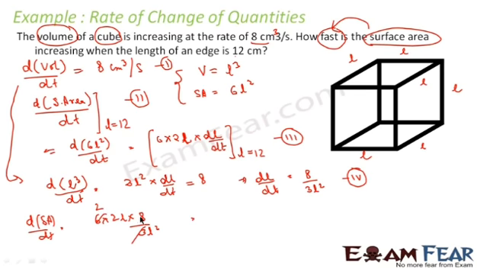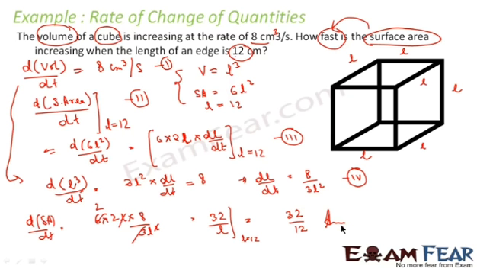So this becomes 8 into 2, 16, into 2, 32, and L and L square cancel, giving 32 by L, correct? And what is the value of L? L is 12 centimeter. So where L is 12, it is nothing but 32 by 12, and that is my answer.